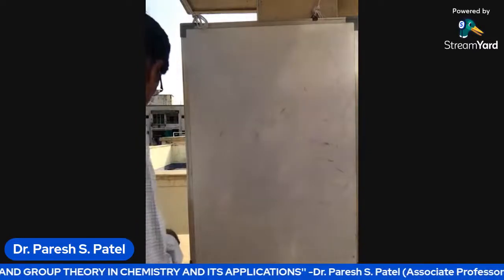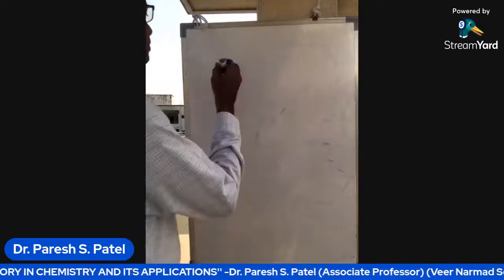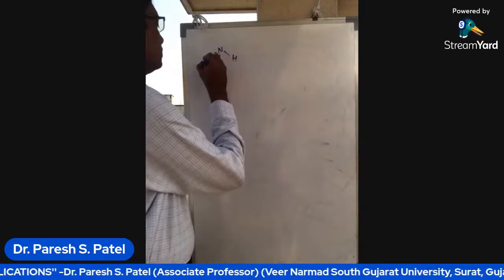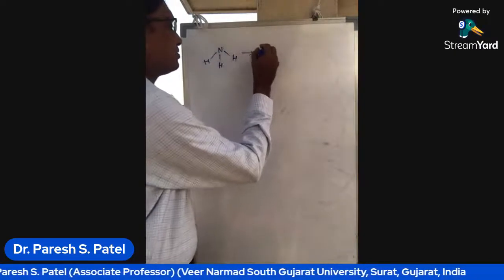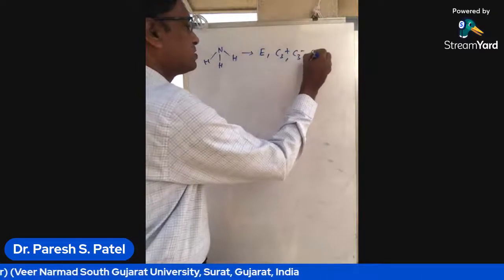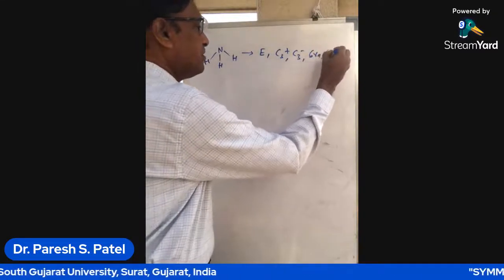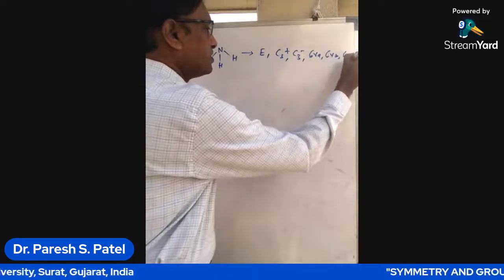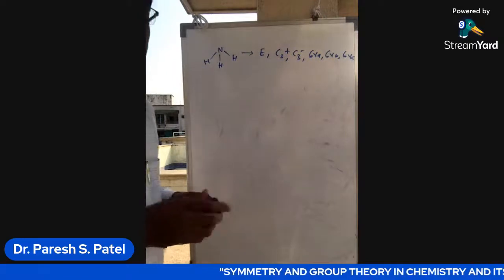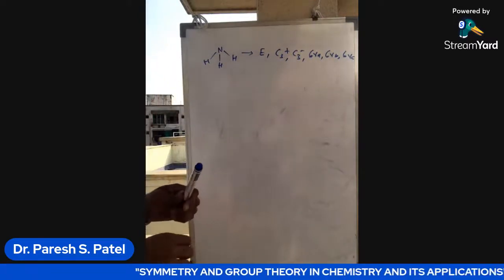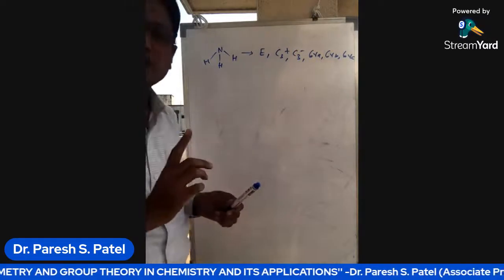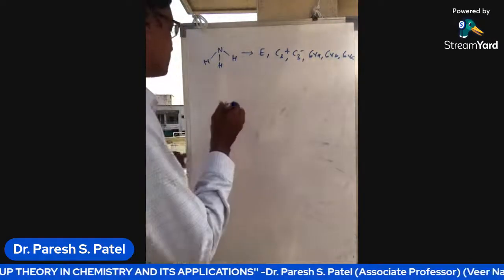Ammonia molecule consists of E, C3 plus, C3 minus, sigma Va, sigma Vb, and sigma Vc symmetry elements. So in case of the ammonia molecule, the number of symmetry elements is equal to 6. Now we have to go for the conjugate properties.